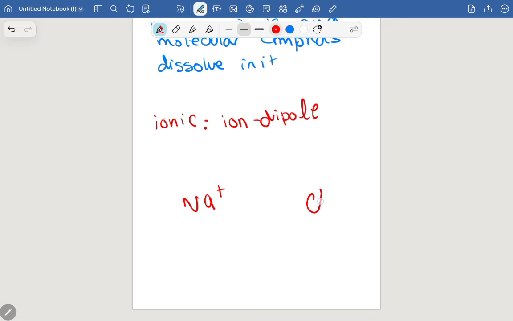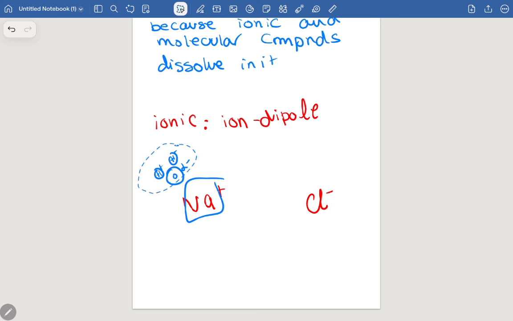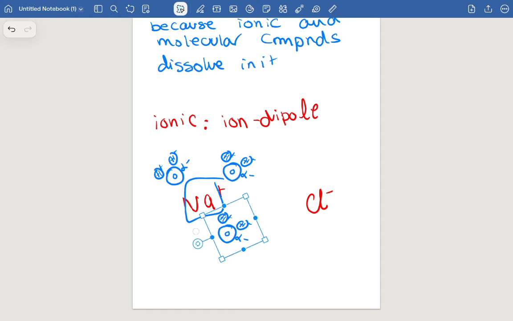Because Na is positive, the partial negative oxygen is gonna turn to it, right? So then, what does this mean? This means that everywhere around it, the partial negative oxygen is gonna be facing it. Now, for Cl minus, it's opposite.